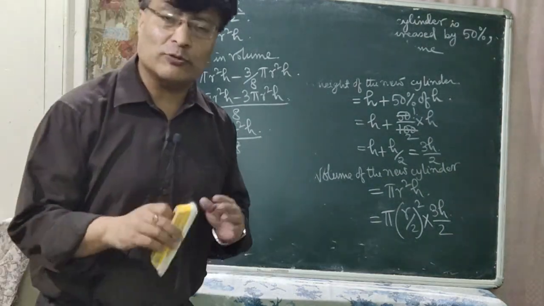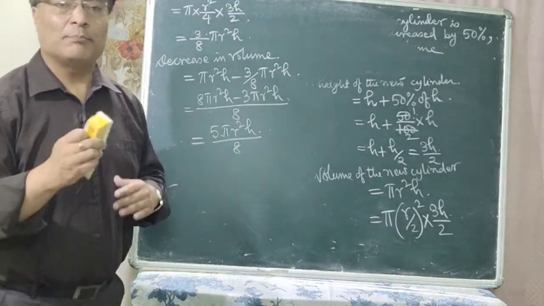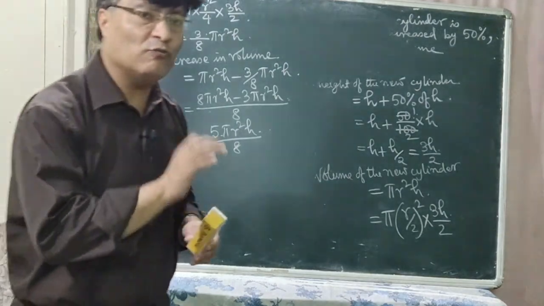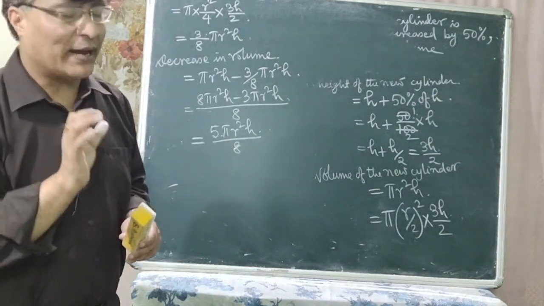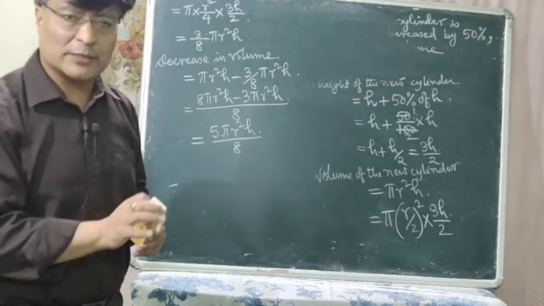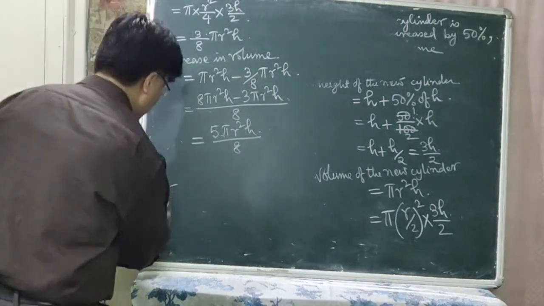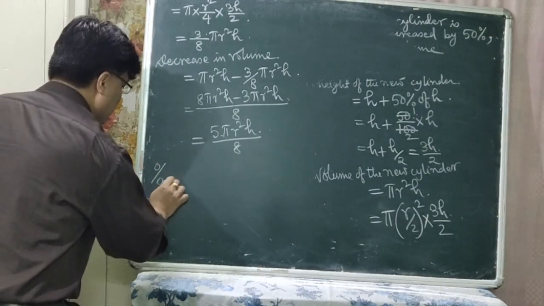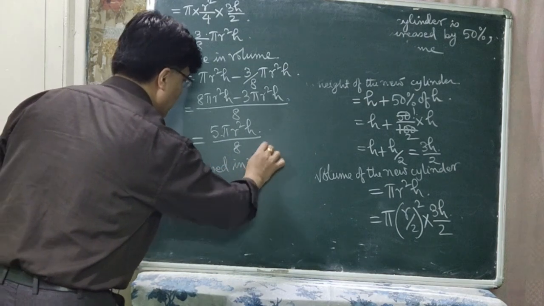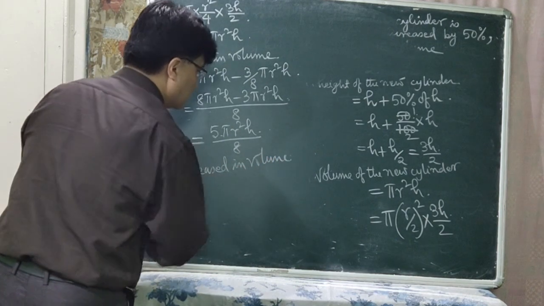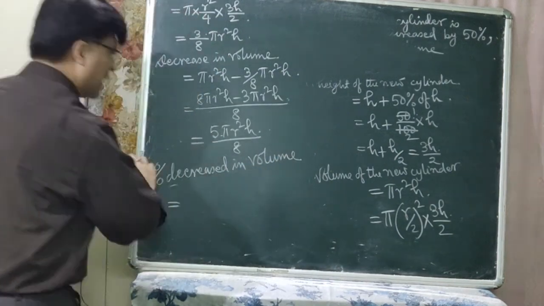But in this case you have to write this decrease in percentage. In the question it is asked by how much percent the volume will be changed. Or now in this case, by how much percent the volume will be decreased. Okay. So now, therefore, percentage decrease in volume is equal to, so how can you calculate it?